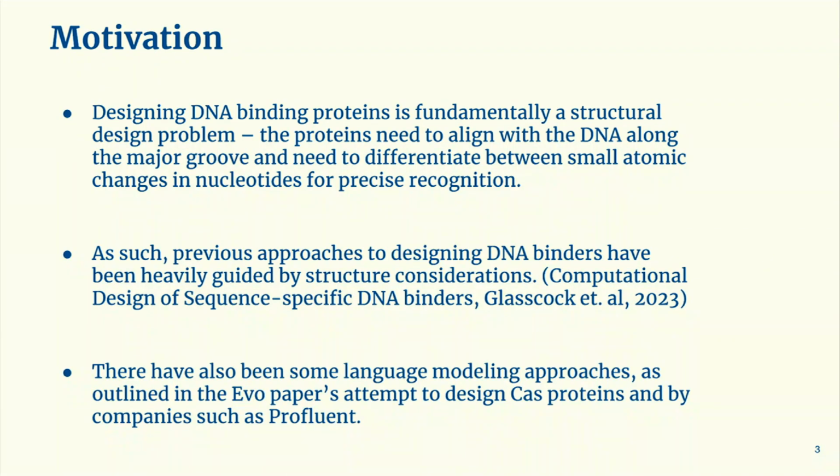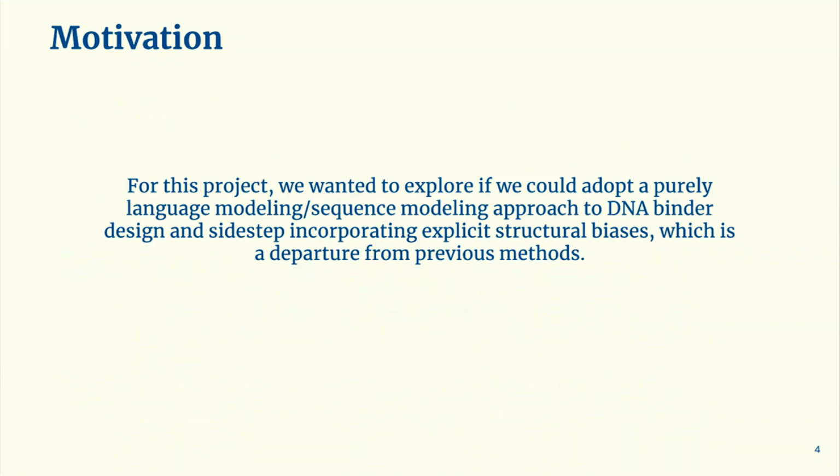And there has been significant interest in language modeling approaches to designing DNA binding proteins. We saw in the EVO paper that they tried designing Cas proteins, and there's also a company called Profluent, which has raised, I think, $35 million for designing CRISPR proteins using LLMs. Can you go to the next slide?